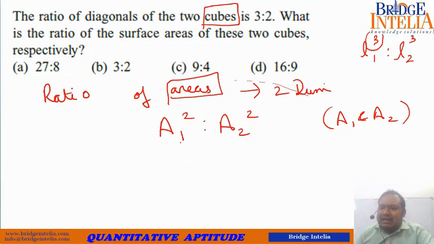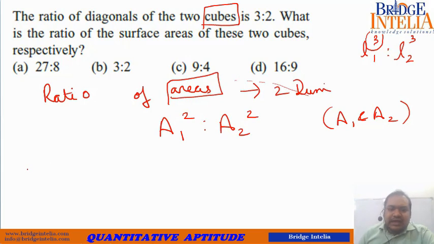So area is a two-dimensional thing, and the surface area of a cube depends on which factor? What does the formula of the surface area of a cube involve? It involves the edge. So if you are able to figure out a1 and a2, then a1 square is to a2 square should be the answer. Let's see what has been given to us. The ratio of diagonals of a cube is given.